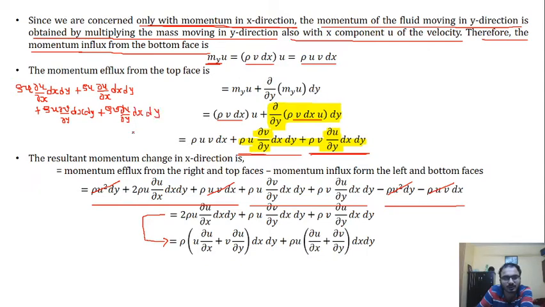So what we have done is we have only rewritten this formula over here, and we have separated these two terms into two separate terms.